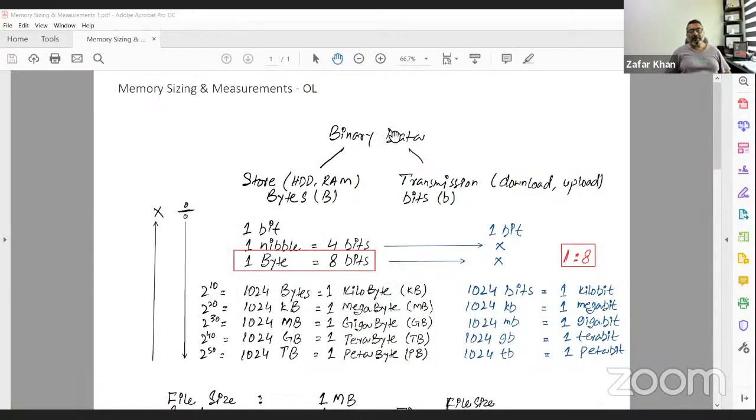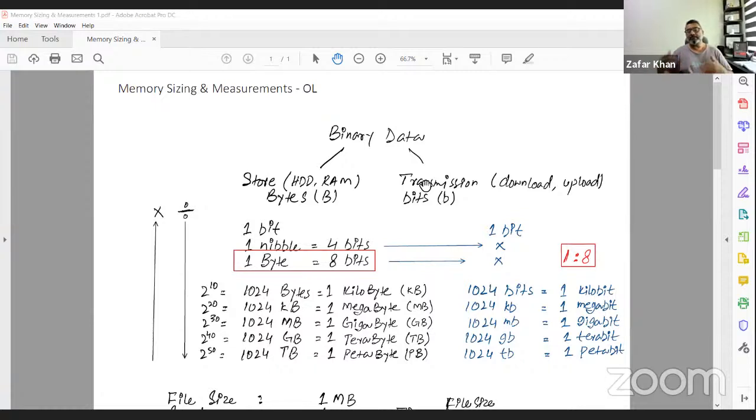So whenever we have got binary data, basically we are looking at the data from two aspects. One, the data is being stored or it is already stored in hard disk or maybe SSD or RAM. Whereas secondly, we will look at the binary data which is being transferred, either it is being uploaded or downloaded.